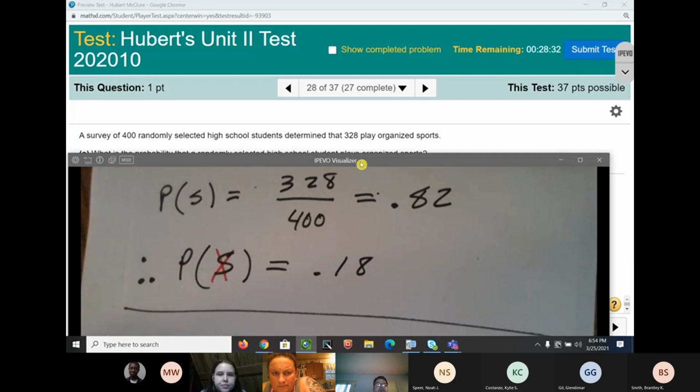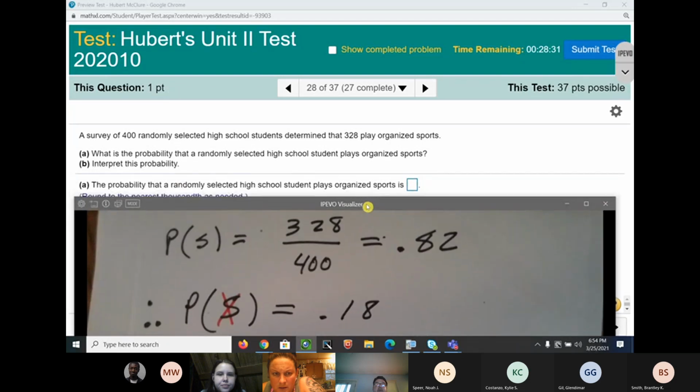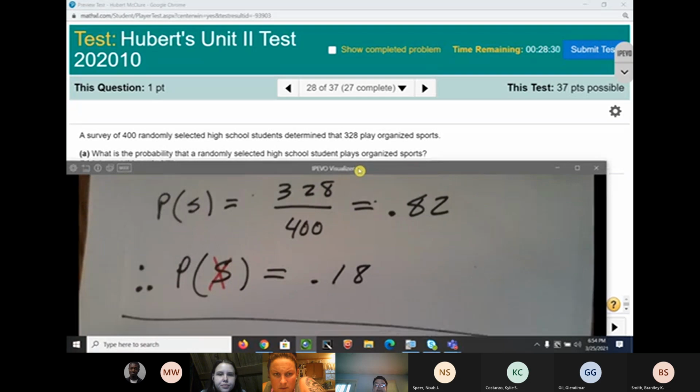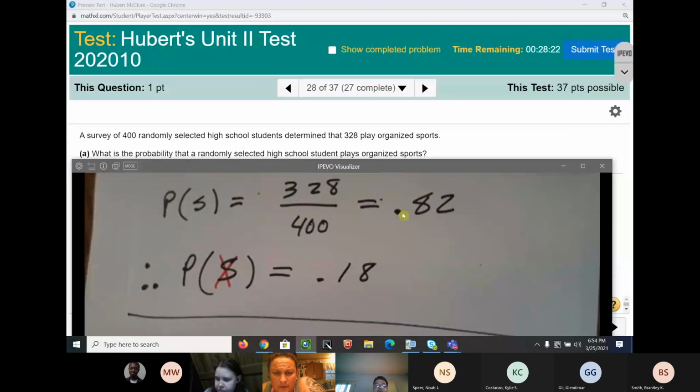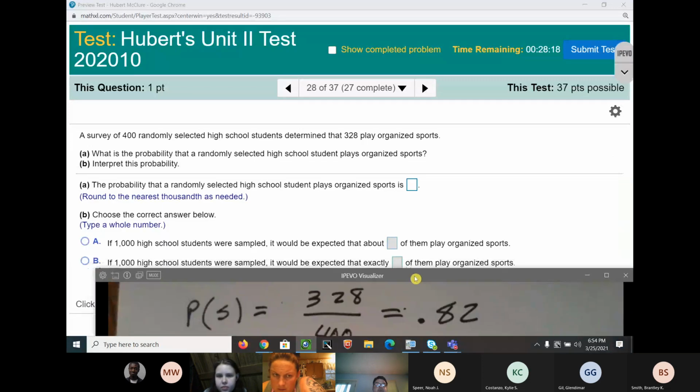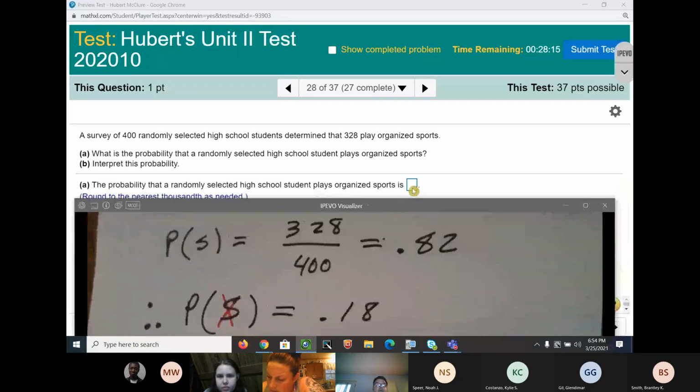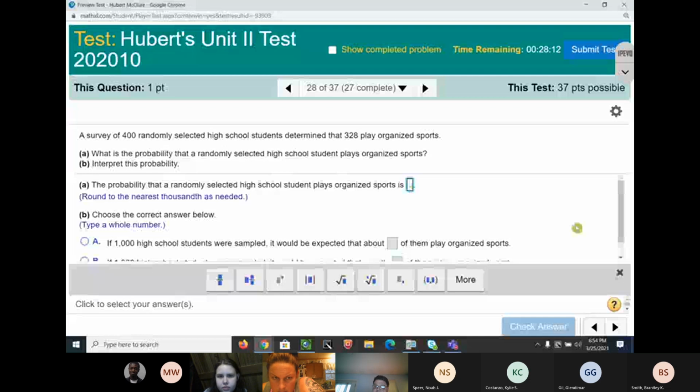Now, what are they asking? What is the probability that a student plays sports? 0.82. So you would write 0.82. Give me the thousandth.